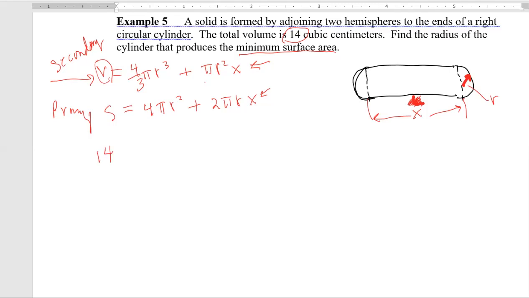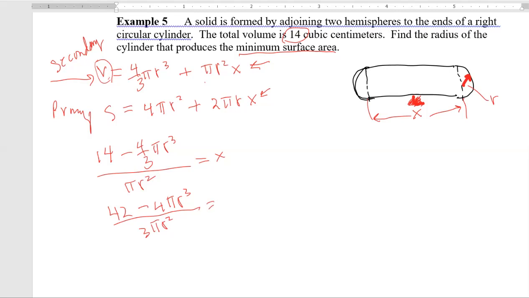Let me just do that. I'm going to take 14 minus the 4/3 pi r cubed, divided by pi r squared. That's x. Okay, so we can fix that a little bit. 3 times 14 is 42 minus 4 pi r cubed, over 3 pi r squared.